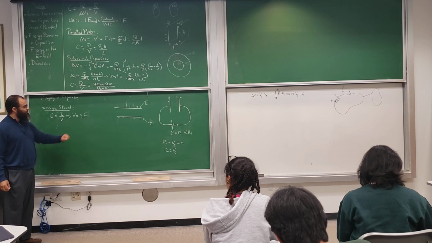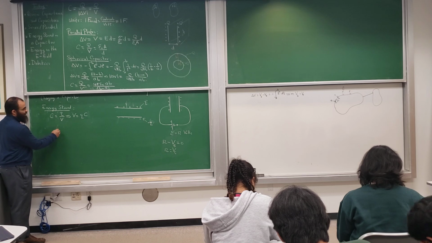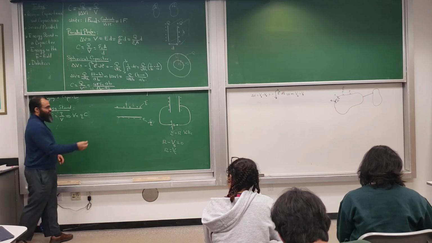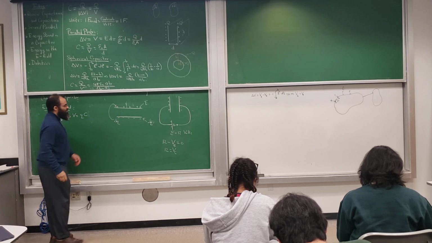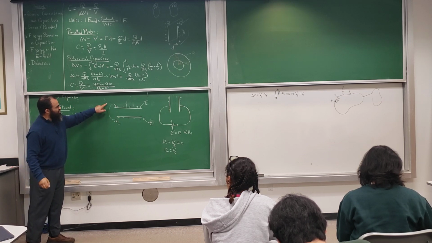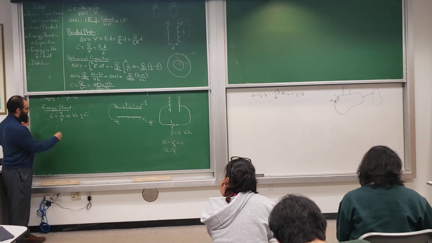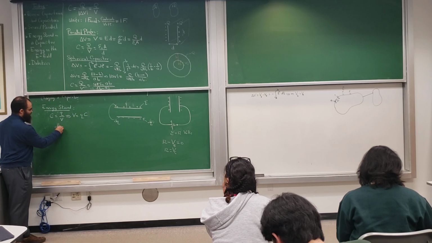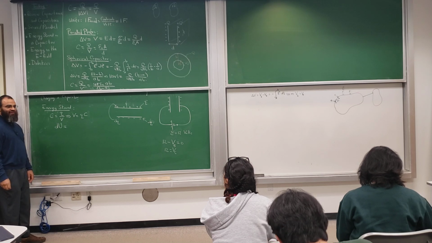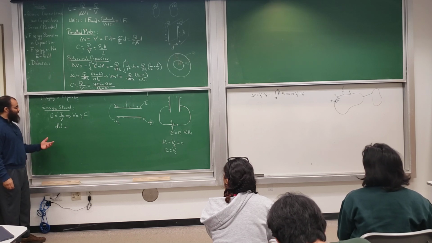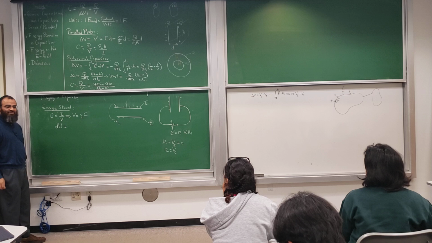So, how much energy does it take if I want to take a little dq from here and place it here? By how much does the potential energy change of that dq? I'll call that potential energy change dU. How is it related to q or dq and the potential? V dq.